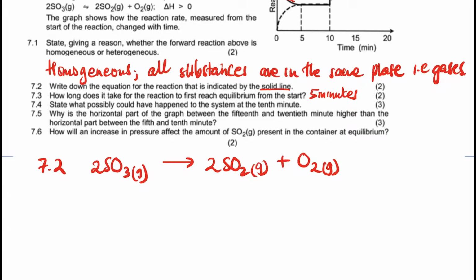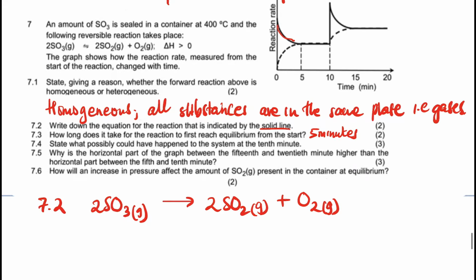After 5 minutes, that's when they reach equilibrium. It's when the lines are parallel to each other, and when they're parallel, they have the same y-axis amount. I hope that makes sense.